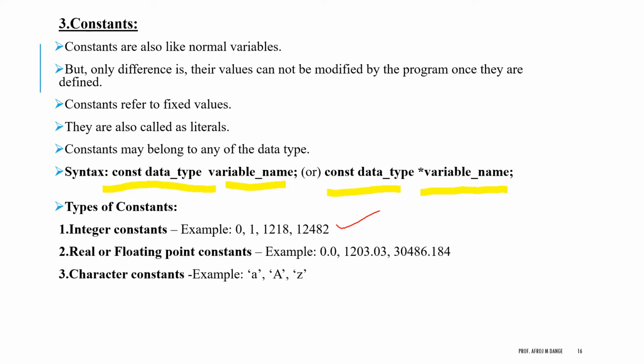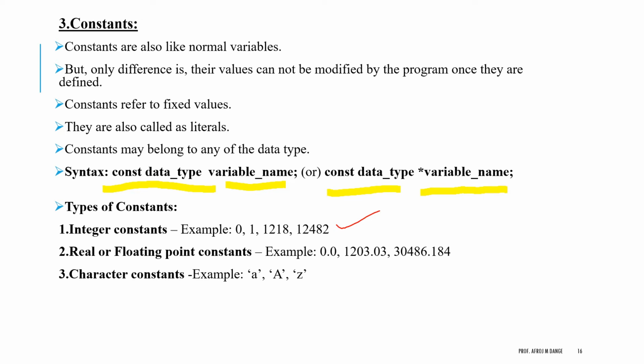Next one, character constant, that means single character constants. It simply contains a single character enclosed within single inverted commas, or a pair of single quotes.